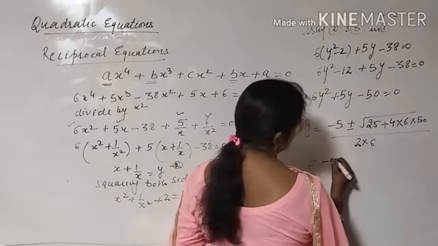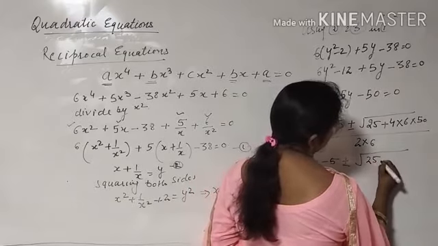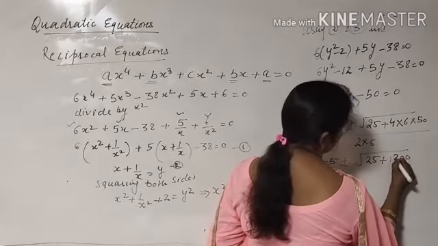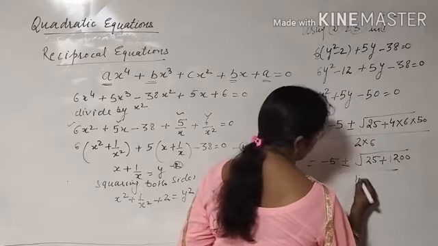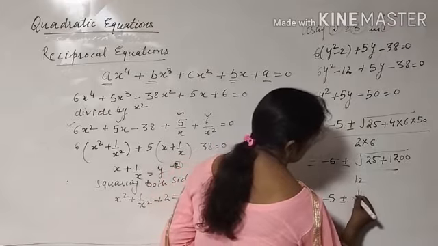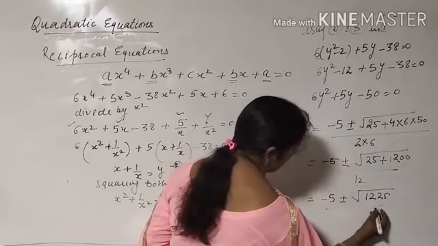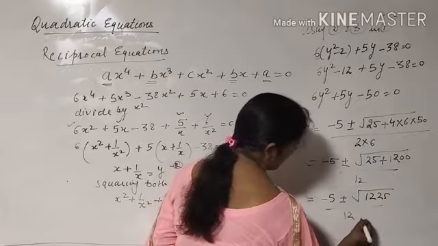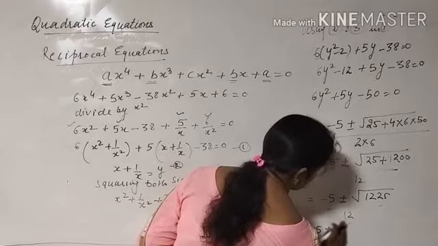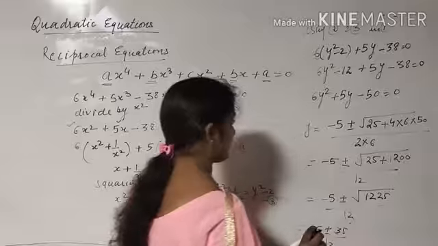So this is minus 5 plus minus under root of 25 plus 1200 divided by 12. So this is minus 5 plus minus under root of 1225 divided by 12. So this is minus 5 plus minus under root, this is 35 whole square. So this is 35 divided by 12.